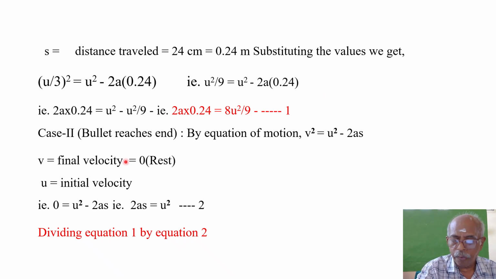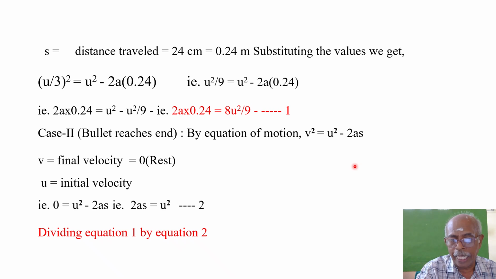Case 2: the bullet becomes rest at the end of the wooden block. Now by the equation, v square is equal to u square minus 2as. The standard equation is u square plus 2as, but in this case, as time passes, velocity decreases.